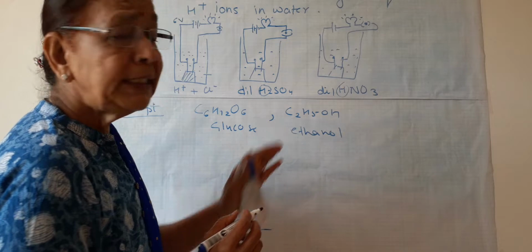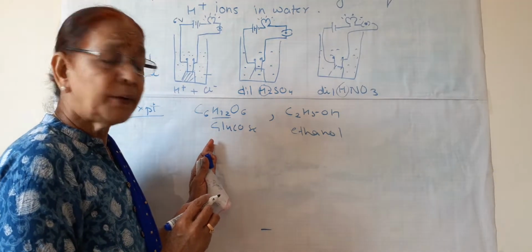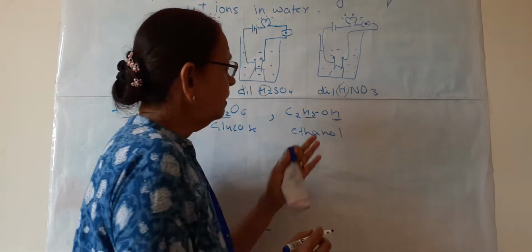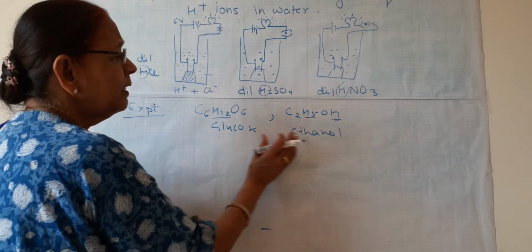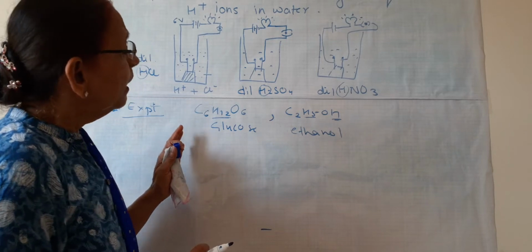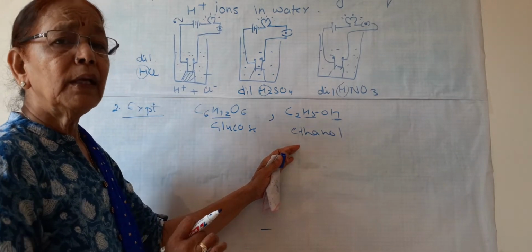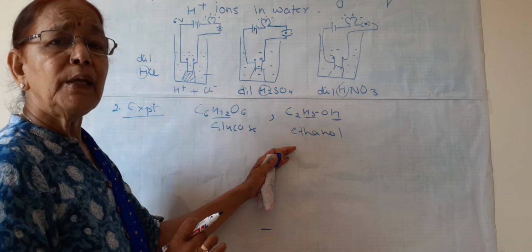So both these compounds have hydrogen. Glucose has 12 hydrogen atoms. Here also hydrogen is present, and even an OH group is present, and 5 hydrogens are present. So these two compounds are organic compounds, and we want to know whether in aqueous solution they can conduct electricity. Can they be dissociated into ions?